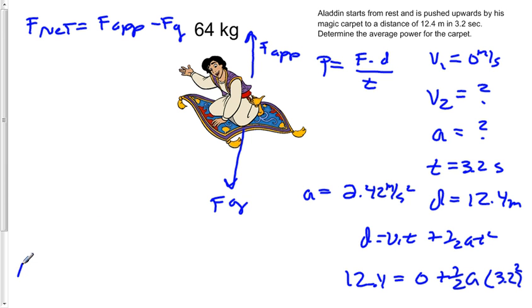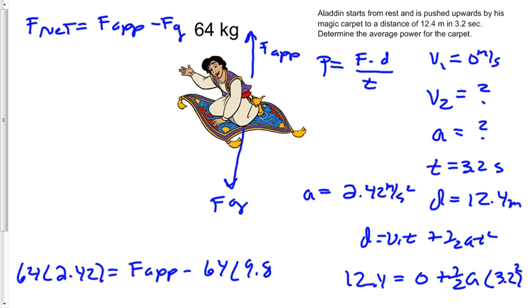So I'll then go 64 times 2.42 equals force applied minus my force gravity, which is 64 times 9.8. Okay, and then I'll get a force applied from that. And my force applied is equal to 782.1 newtons.